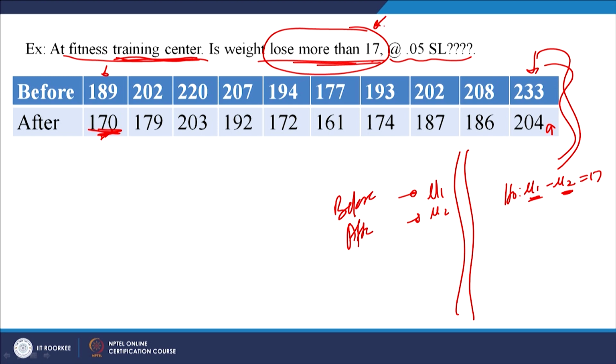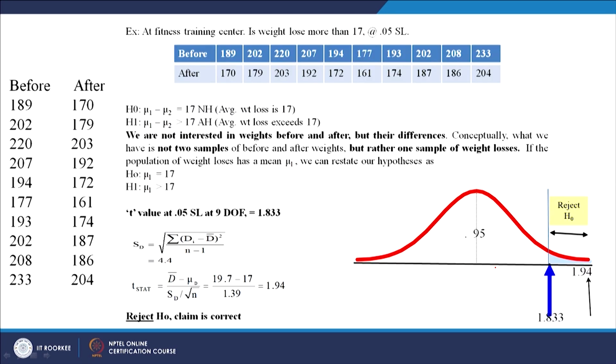It is more than 17. So, the alternative hypothesis HA is mu1 minus mu2 greater than 17 pounds. This is the claim. This is how you can frame the null and alternative hypothesis, right. So, average weight loss is 17 kg, against more than 17 kg.